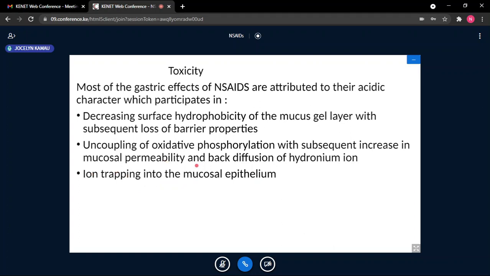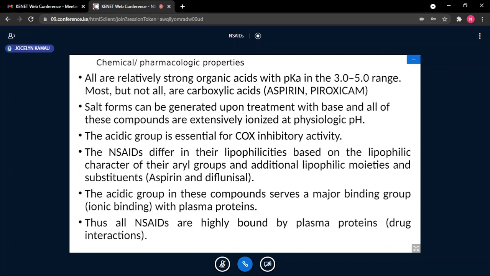The ion trapping is because the pH inside is a little bit more basic, a higher pH compared to the outside. Therefore, these ions are trapped inside. They change the permeability of the mucosal membrane and damage it, and that damage is what causes the problems we observe when we give the non-selective non-steroidal anti-inflammatories.